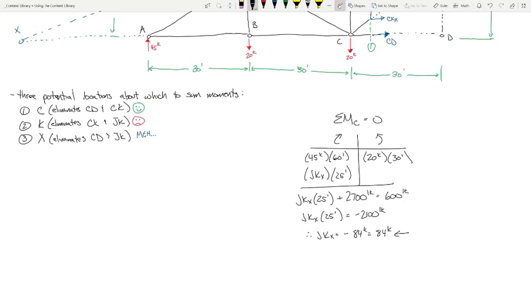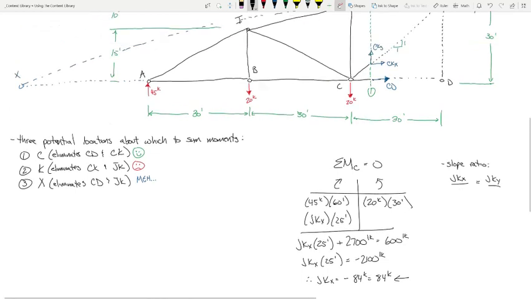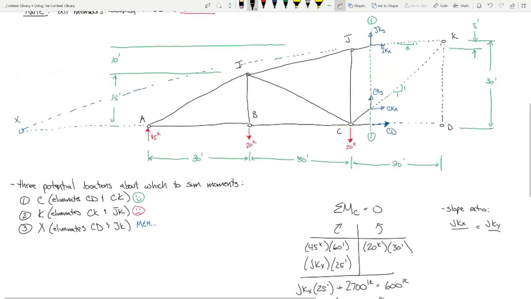Slope ratio. JKx. So now I can use the slope ratio to get JKy. So JKx is to something as JKy is to 1, because it's a 1 to 6 slope ratio.